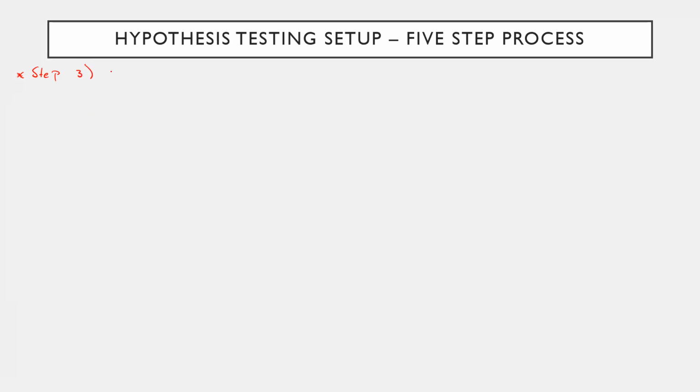Okay. You have to do what's called compute the test statistic. And what this step is, you have to analyze the sample data and turn it into a single number.